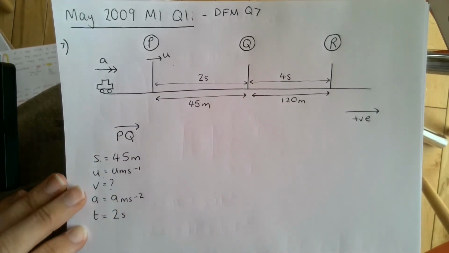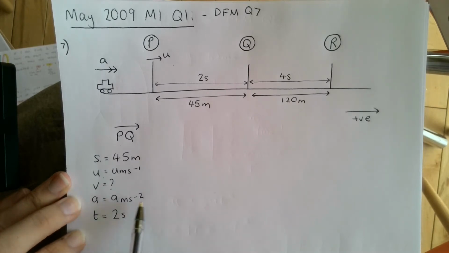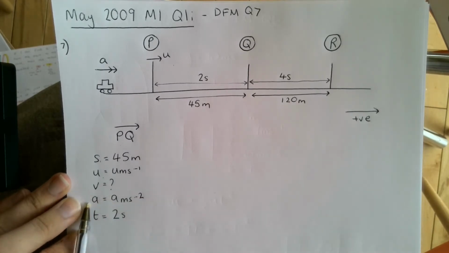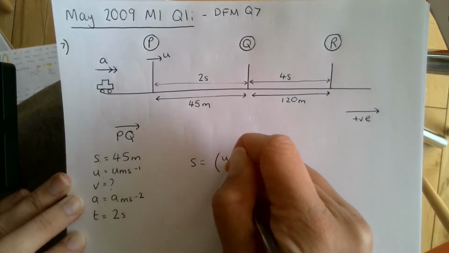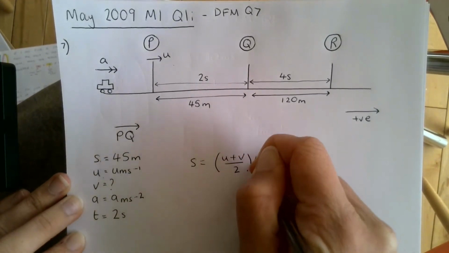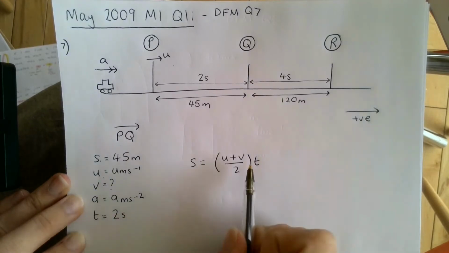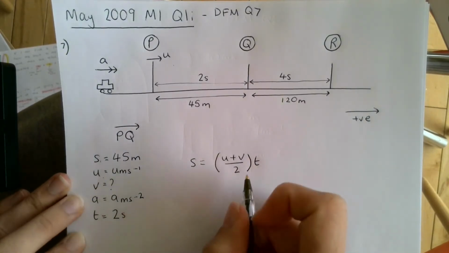Now, there's a couple of different things I could go for here. What do I want to use? I don't really want to take into account a, the acceleration. So I could use S equals (u plus v) over 2, times t. If I rearrange this, let's have a look, what do I get?